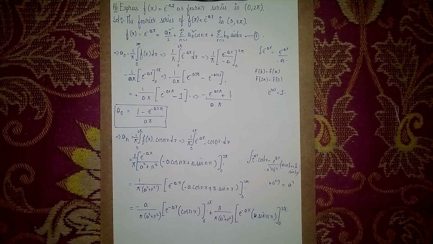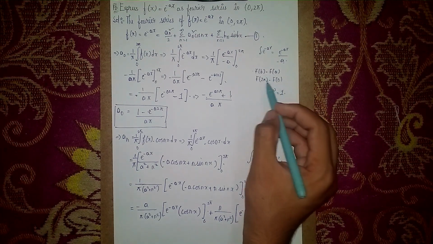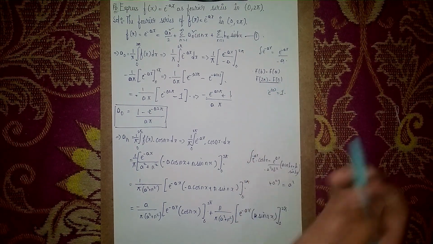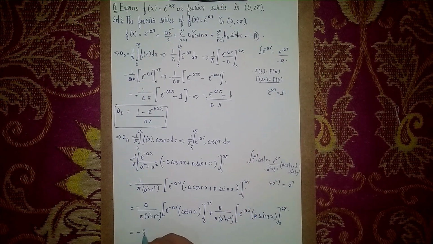Now what we do, we just apply the limit. How we apply the limit, I told you, fb minus fa like this. So minus a by pi into a square plus n square, then open the bracket, e power minus ax.